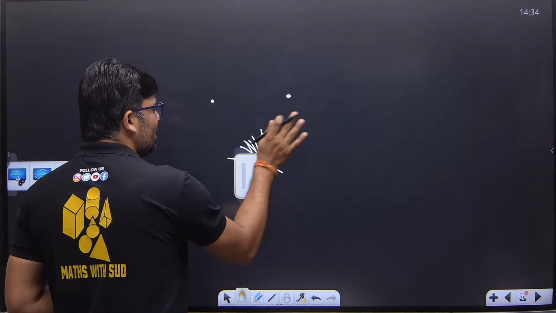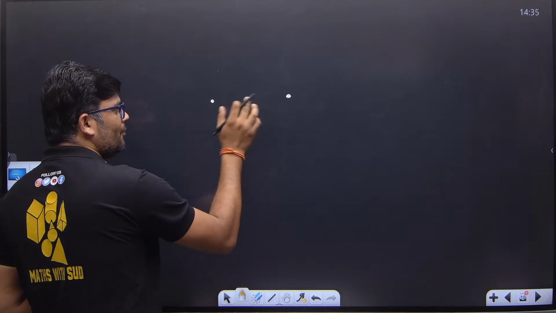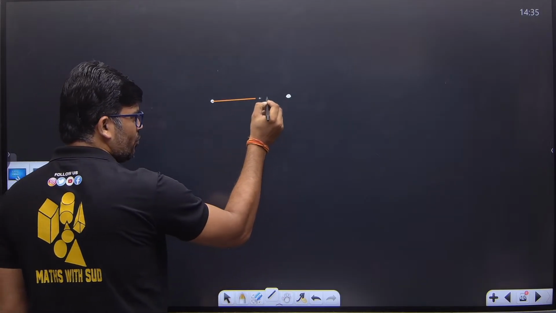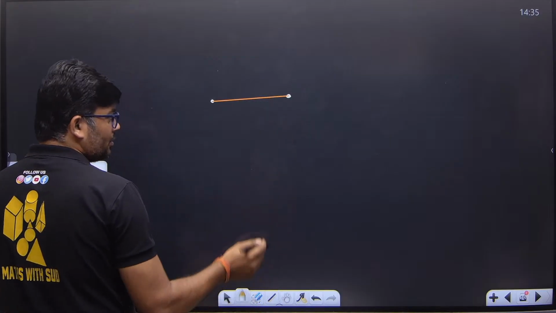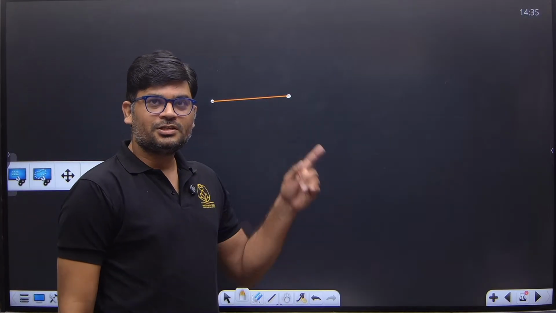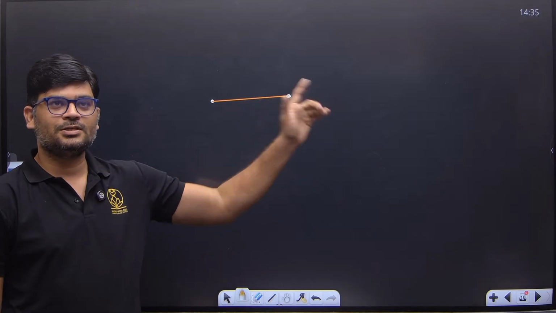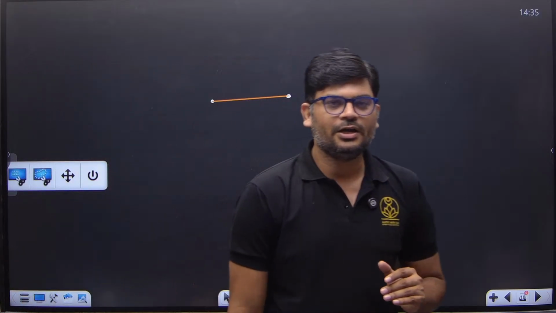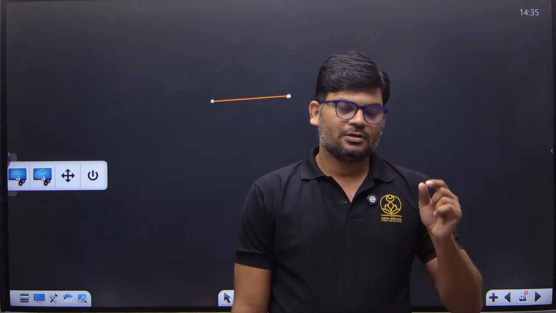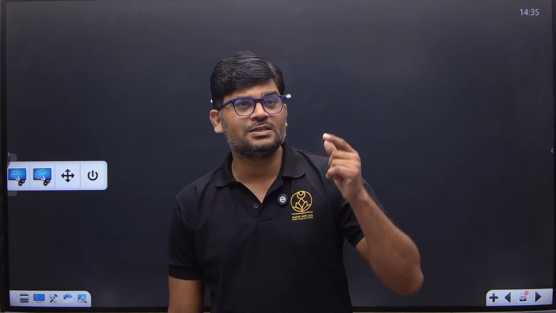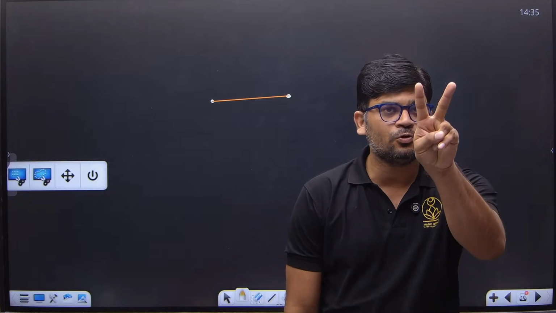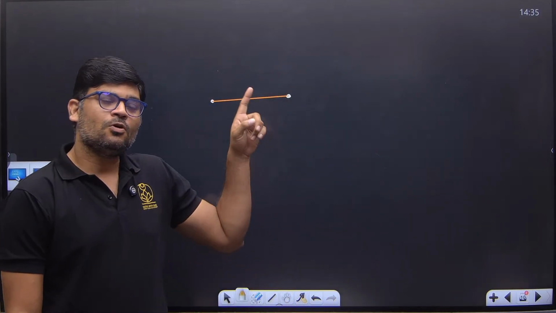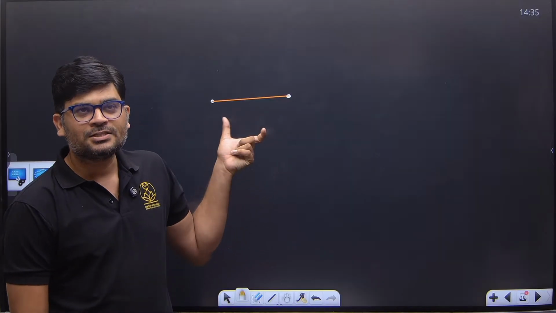But if I say you have to draw a line passing through these 2 points, you can just join them, but there is no other way to join them. This is the one unique way, the straight line passing through both the points. So we say in mathematics, it is an axiom that there is one and only one unique line which passes through 2 points.